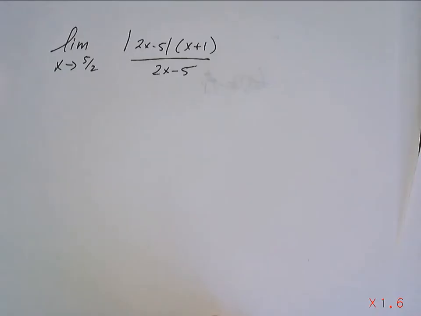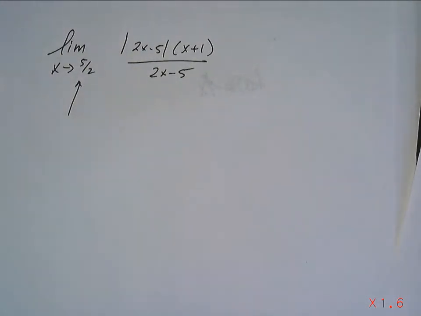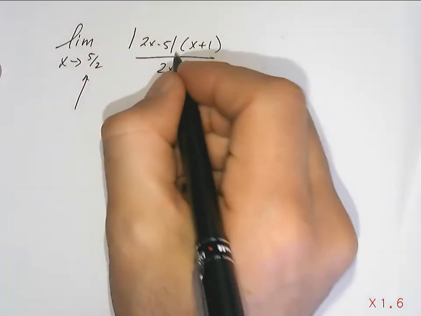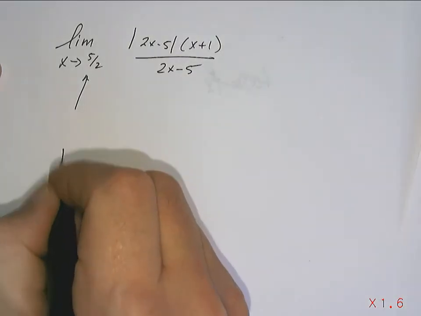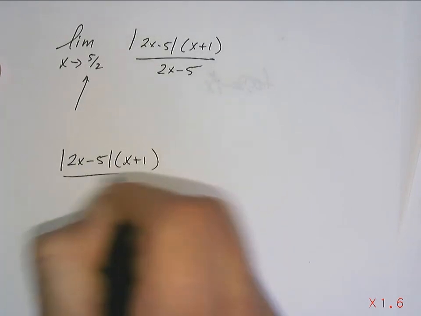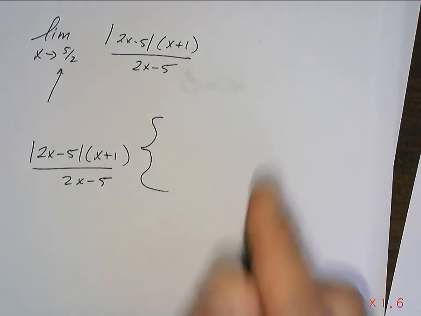Okay, and this question, this is a double-sided limit that we're going to have to work with, one from the left and one from the right, because this particular function has multiple personalities.